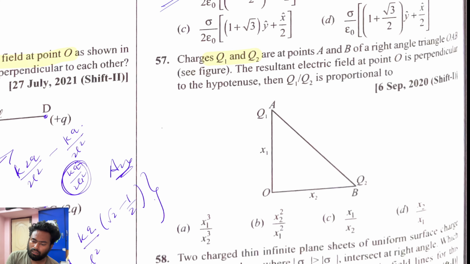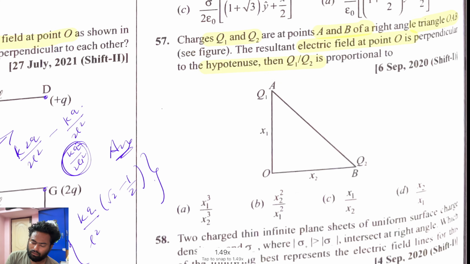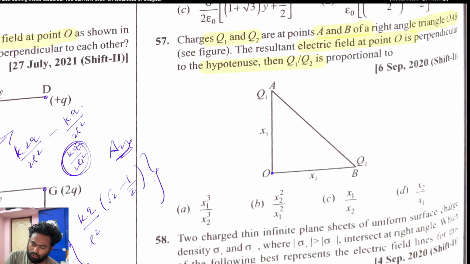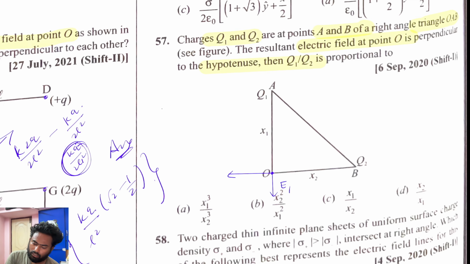Charges Q1, Q2 are at points A and B of right angle triangle OAB. The resultant electric field at O is perpendicular to the hypotenuse. Let's see. Due to Q1 it will be downward electric field E1. Due to Q2 it will be in this direction, E2. Now if you draw the perpendicular here, it should come along this direction.